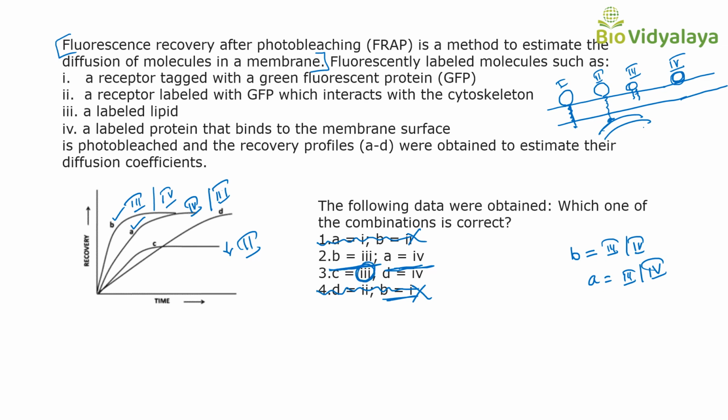This is not possible, because 3 is labeled lipid, which is not possible for graph C. So we can eliminate option 3. So the answer is option 2: B is 3, A is 4, C is 2 and D is 1.